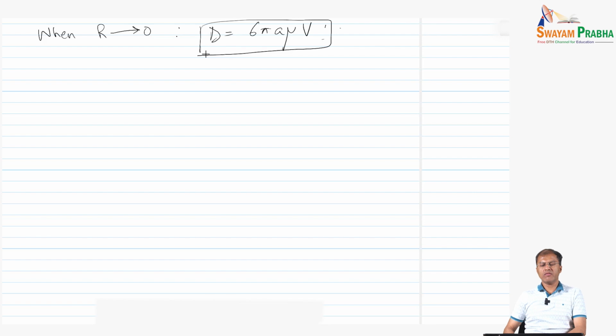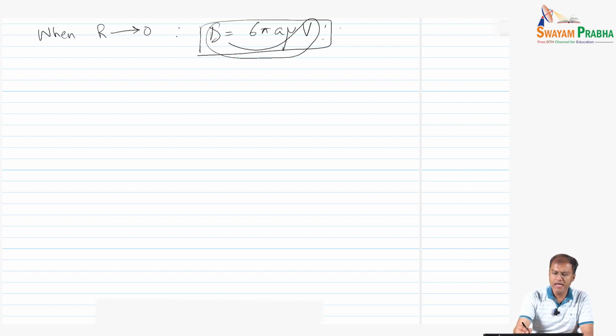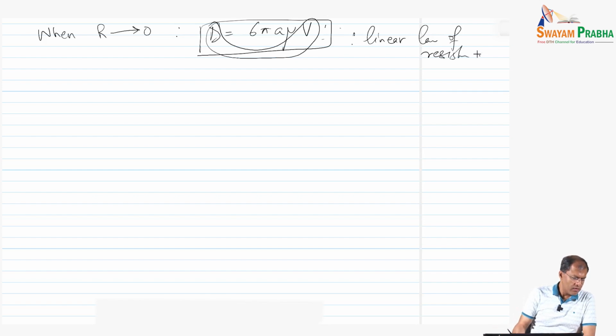Notice that in this case the drag depends only linearly on the velocity. So this is the linear law of resistance.